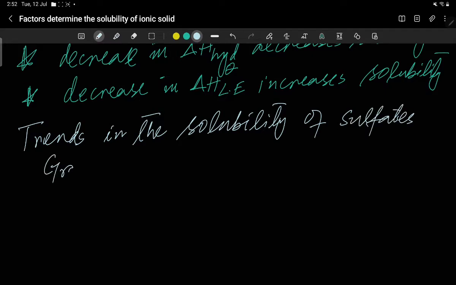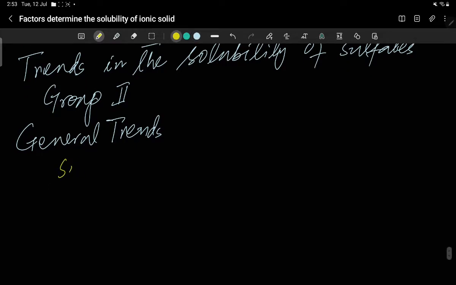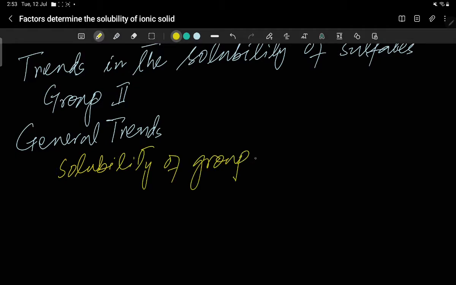Sulfates of group 2 have a general trend that solubility decreases down the group.